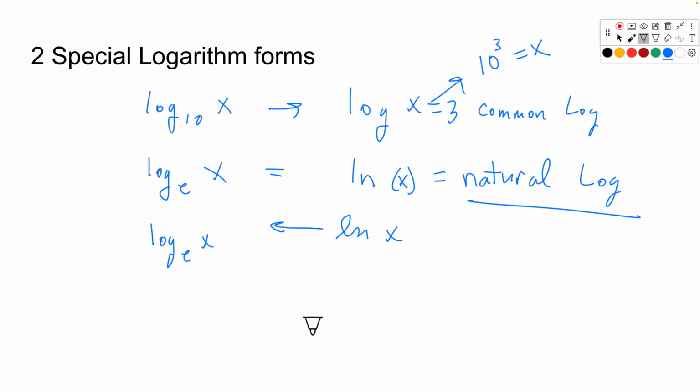When I see ln of, say, x equals 5, I have to remember that the ln, the natural logarithm, has a base of e, so e to the fifth power is equal to x.